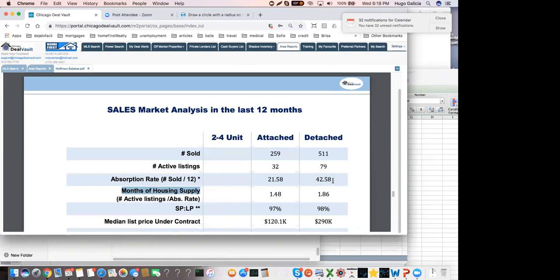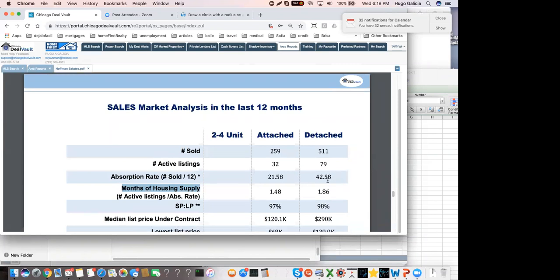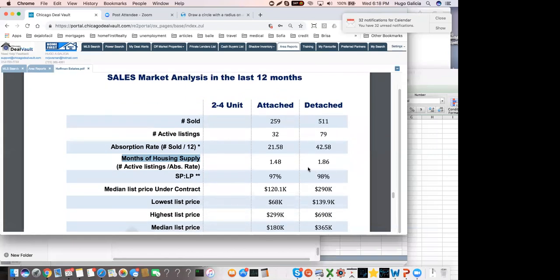So if the absorption rate is 20% or higher, it's a seller's market, okay? These are the two pieces of information that are very crucial to determine.